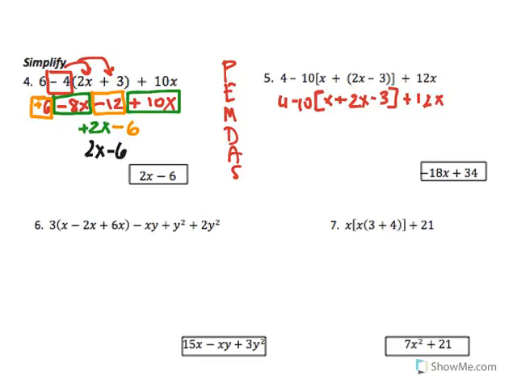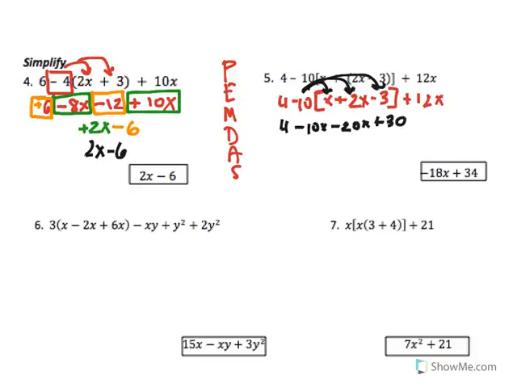So now I need to get rid of these parentheses. So I will distribute the negative 10 to each piece in the parentheses. And I will get negative 10x minus 20x plus 30.